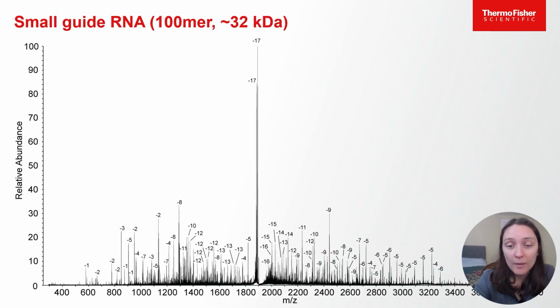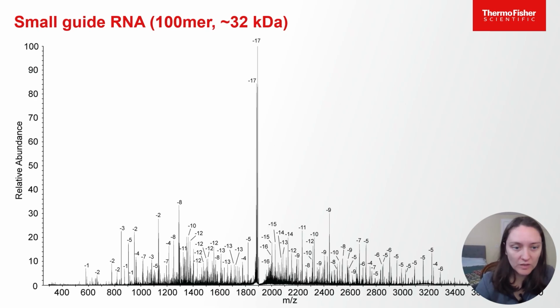So just to give an idea, we've talked about how the poor effects of HCD on fragmentation of oligos is exacerbated when we have a larger oligo. So just to show how low Q CID can help us as we get to larger, we can see this example of an sgRNA at 100 mer, 100 bases. That's about 32 kilodaltons in size.